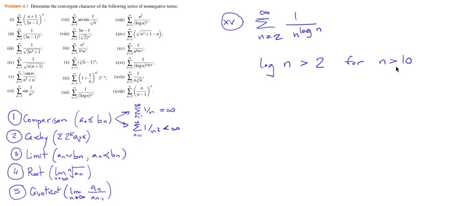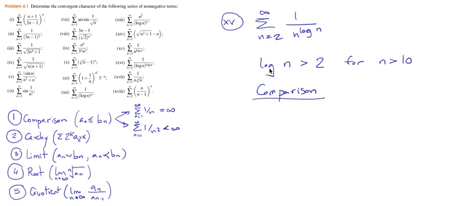So we can apply this comparison test, this kind of less strict comparison test in which the comparison of two sequences is not strict for all terms but up to some point. Okay, but this is okay if it starts at n greater than 10, then this is good enough.